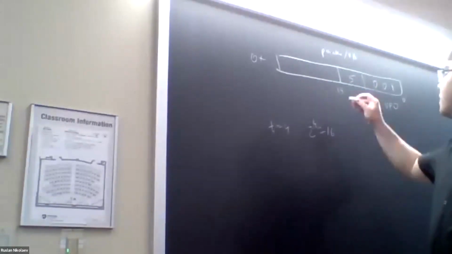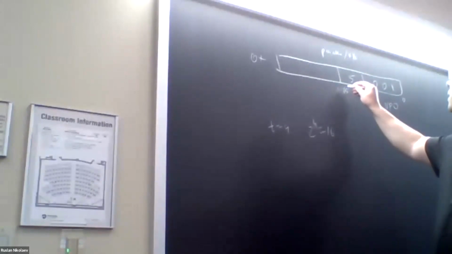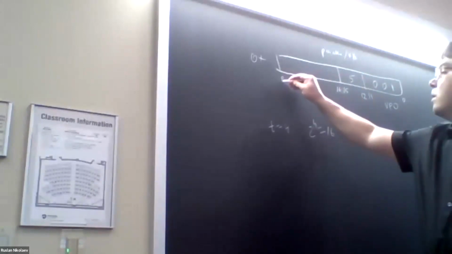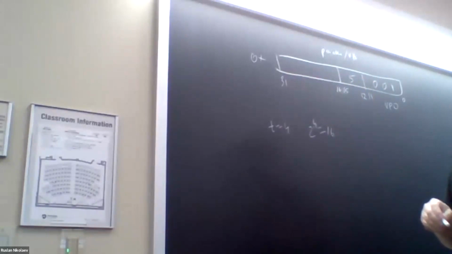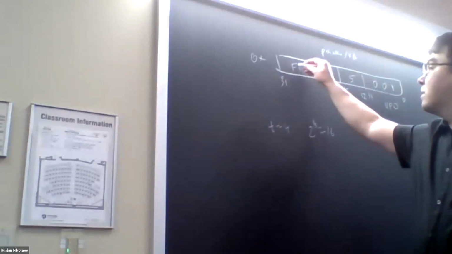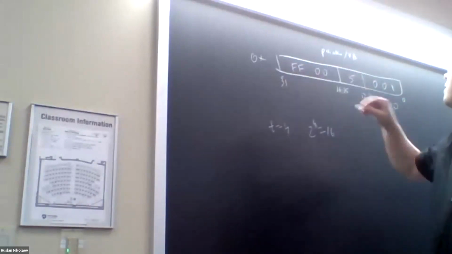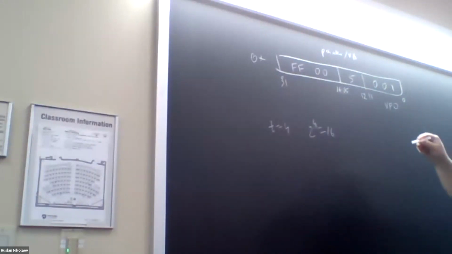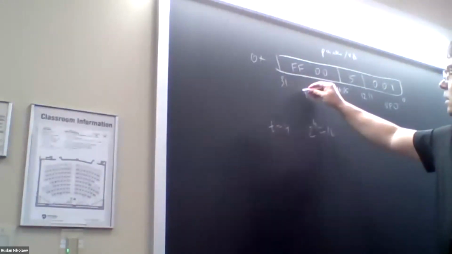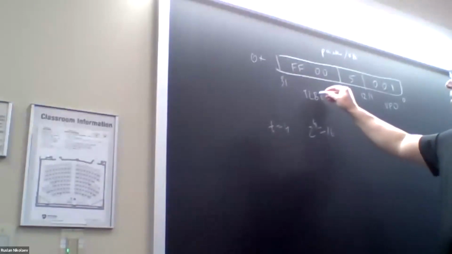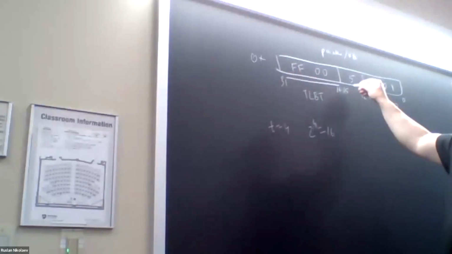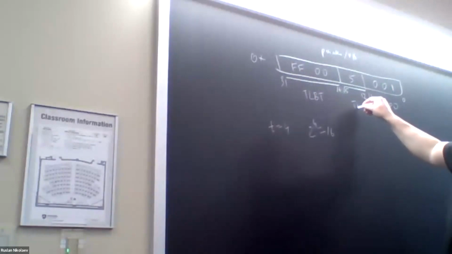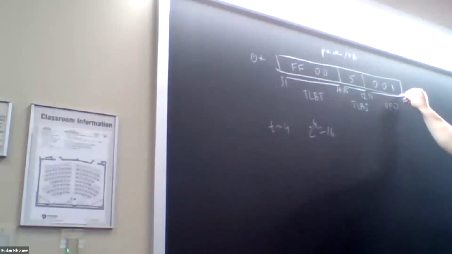And finally we have 16 to 31, which is going to be maybe FF00. So this is your TLB tag. This is your TLB index. And this is the virtual page offset.